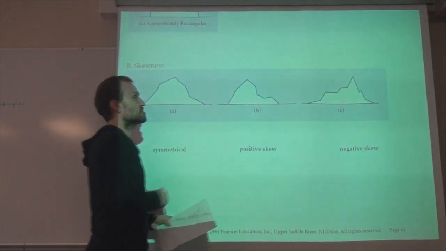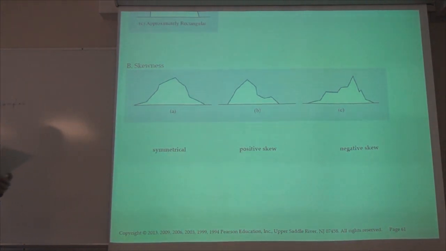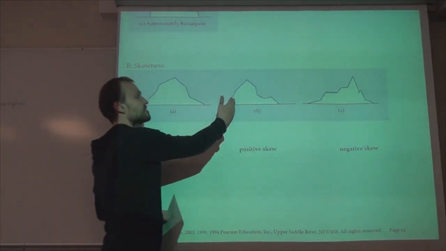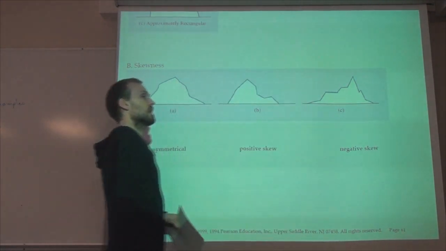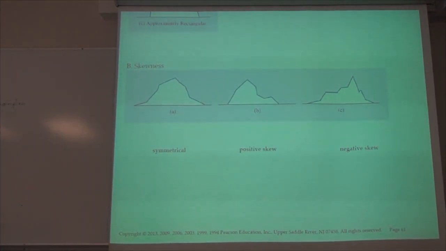If it's sort of shifted to the left, look at where my examples are. If it's shifted to the left, the peak is on the left and then has a longer tail towards the right, then we call that a positive skew.